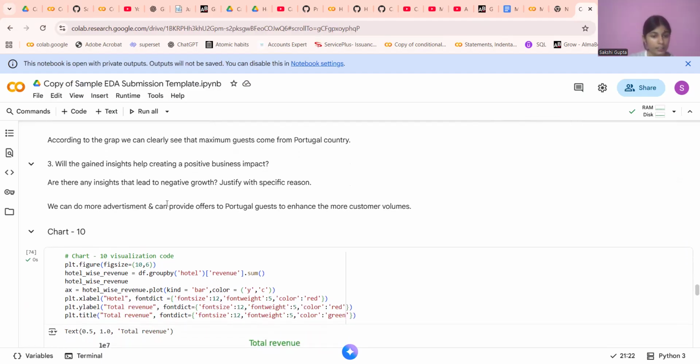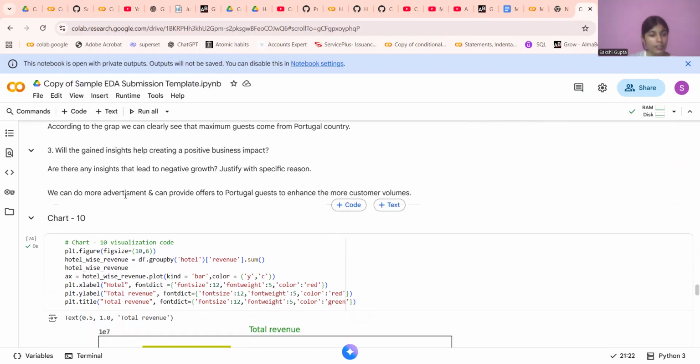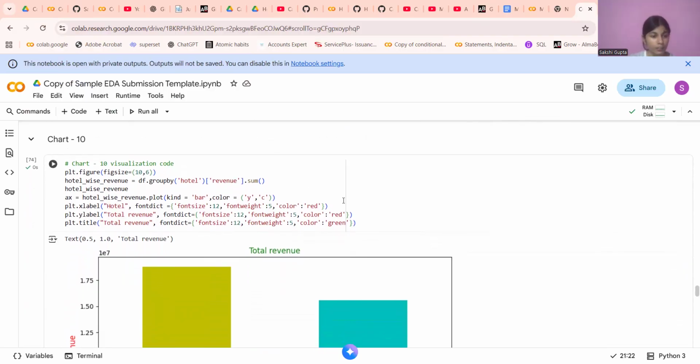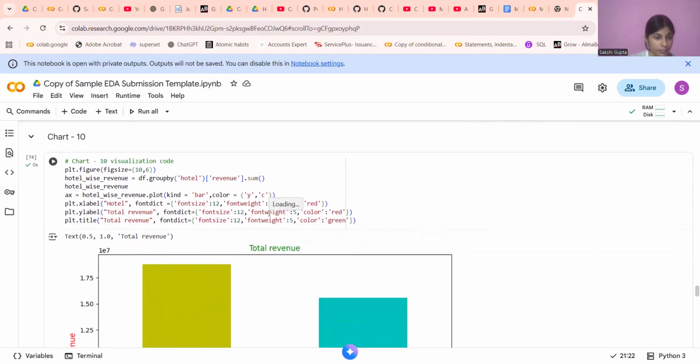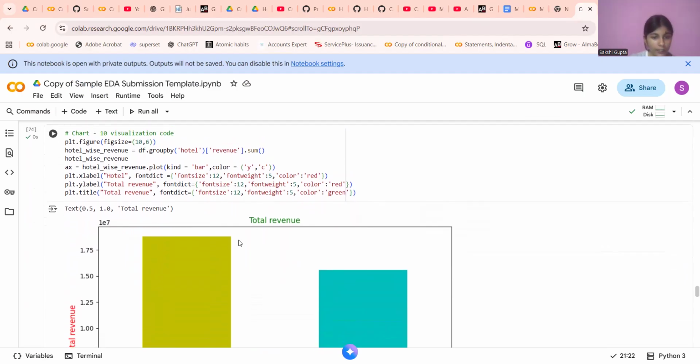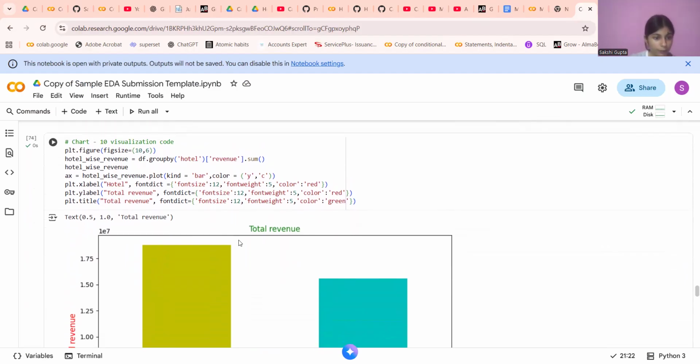And here we can see we can do more advertisement and can provide offers to the guests, to enhance the customer volume. Now the 10th chart is to find the total revenue.